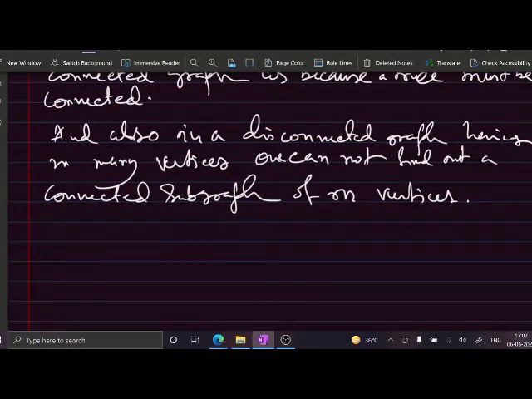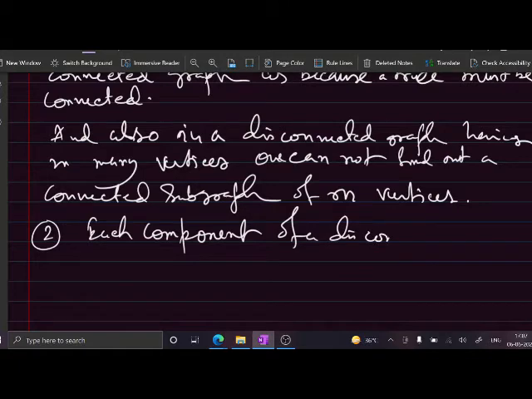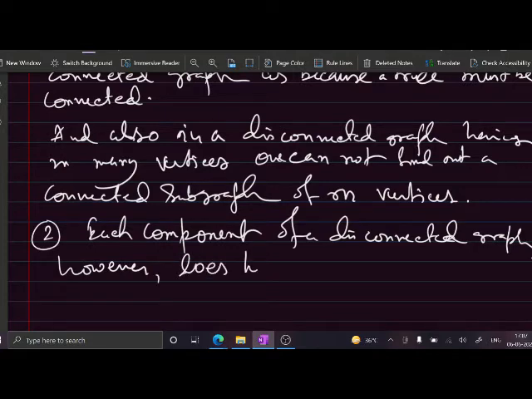Okay. Now, secondly, each component of a disconnected graph, however, does have a spanning tree.